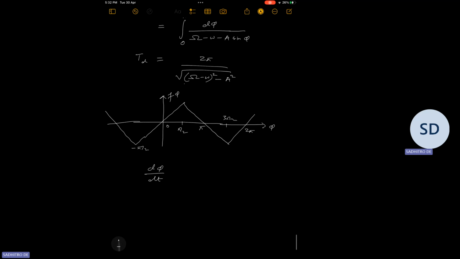So basically here we have replaced this sine phi by f of phi.